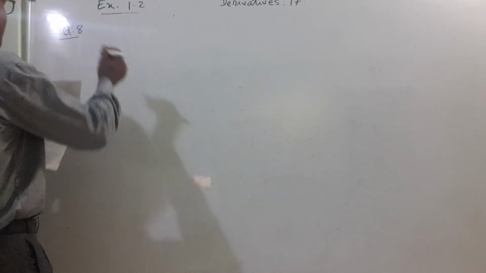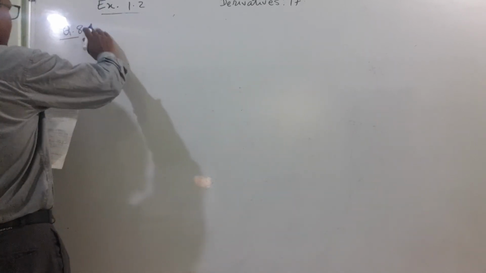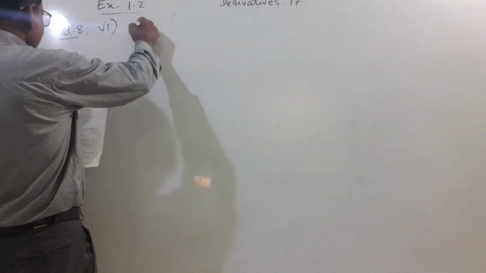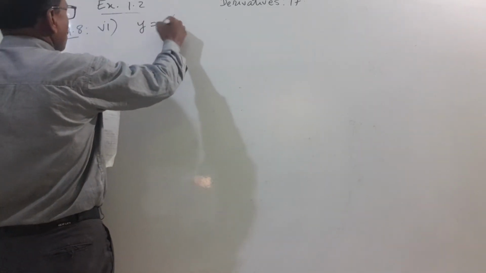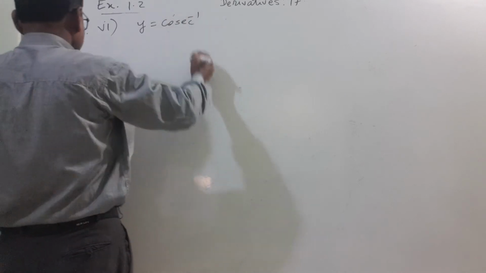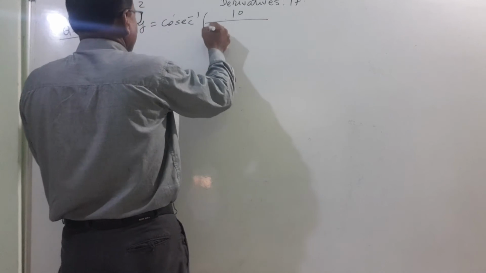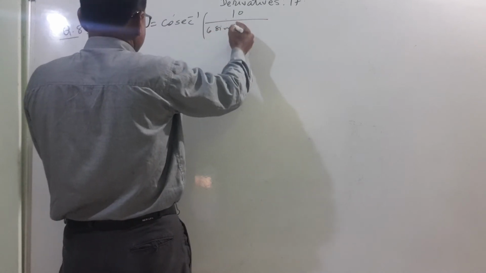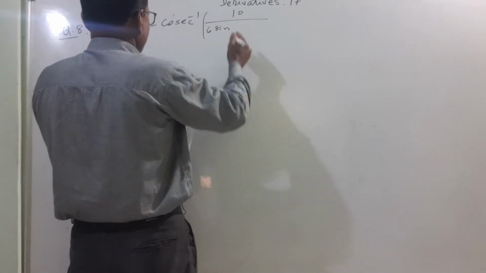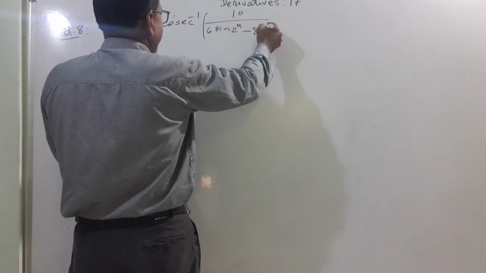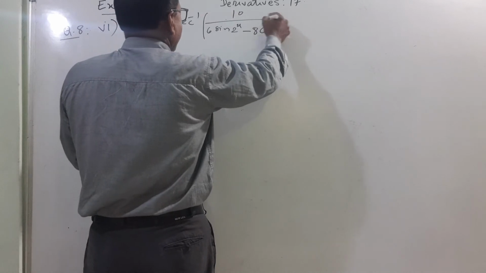Now question number 8, in that the sixth one: y is equal to cosec inverse of 10 upon 6 sine 2 raised to x minus 8 cos 2 raised to x.